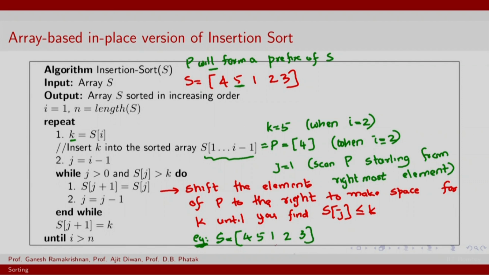But for the next iteration you will shift your focus, the I, to be 1. Now when you again try to insert I into the prefix P preceding I, you find that I is less than 5, I is less than 4. So you will have to accommodate this I by right shifting the prefix members of S. So this will need the following transformation.